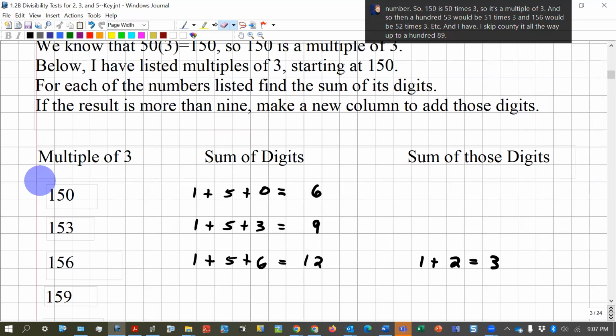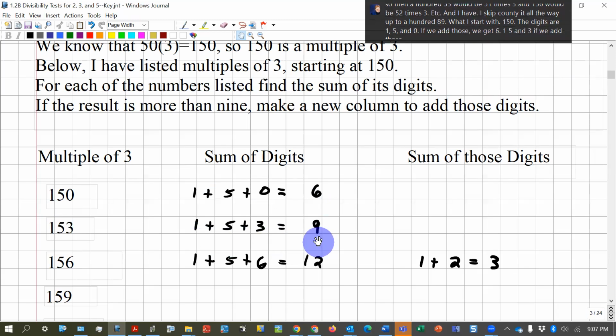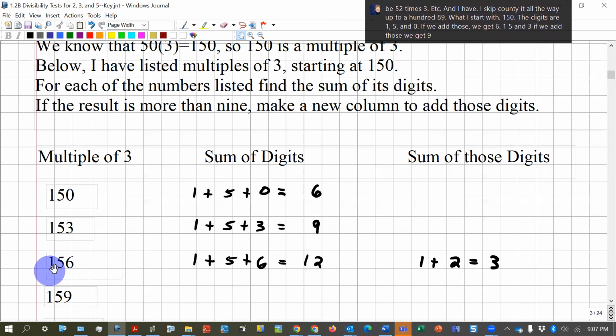When I start with 150, the digits are 1, 5, and 0. If we add those, we get 6. 1, 5, and 3, if we add those, we get 9. 1, 5, and 6, if we add those, we get 12, which is more than 9.